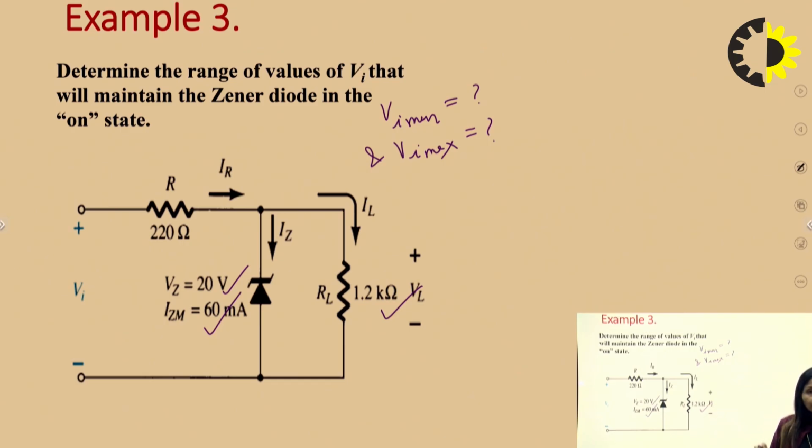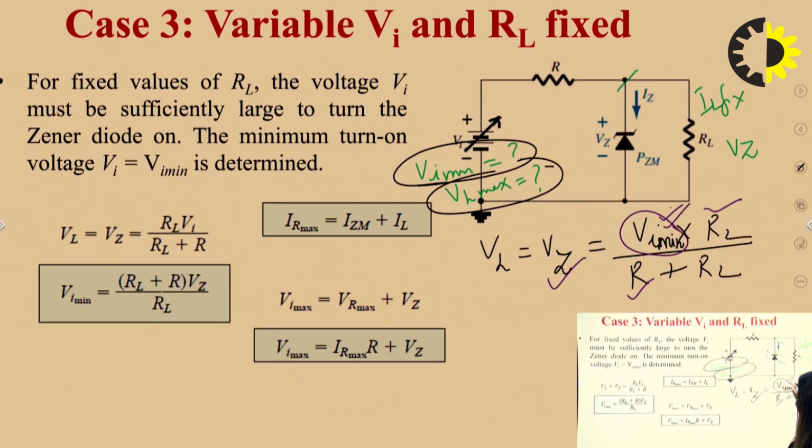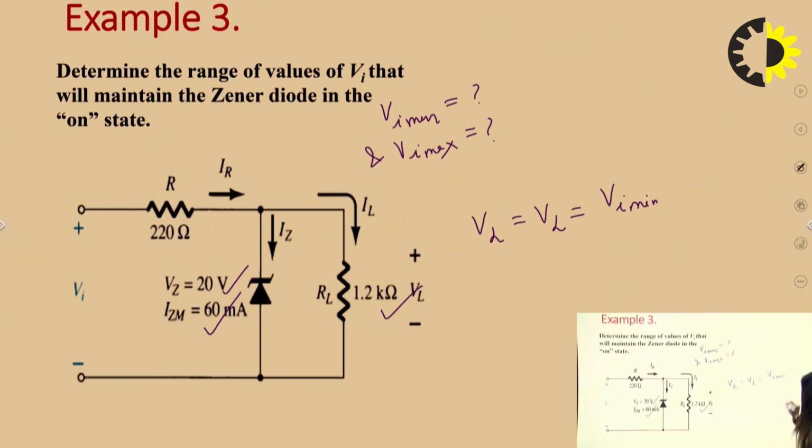So we will apply the first formula. VL is equal to Vz is equal to Vi minimum. I told you this, Vi minimum you have to write here. Instead of Vi, you will write Vi minimum. This you have to find out.